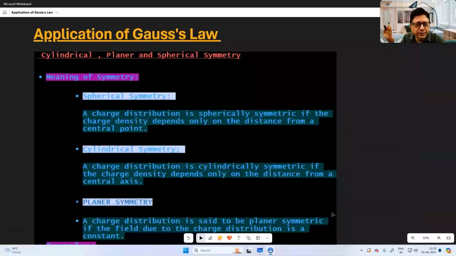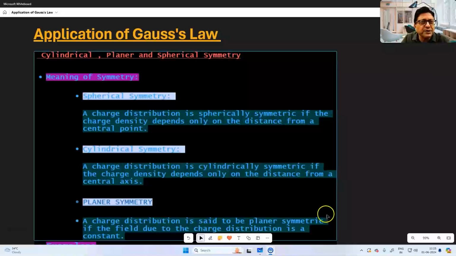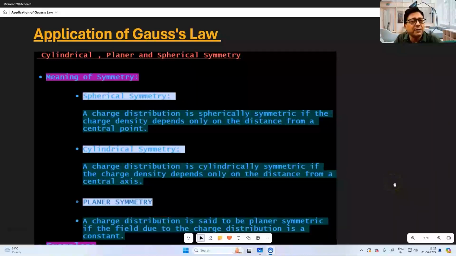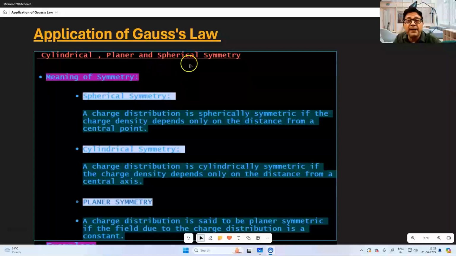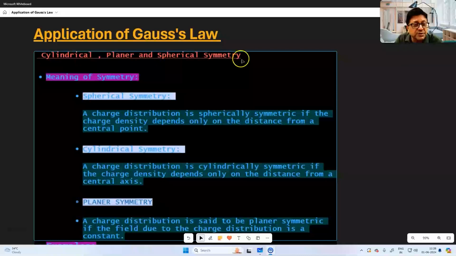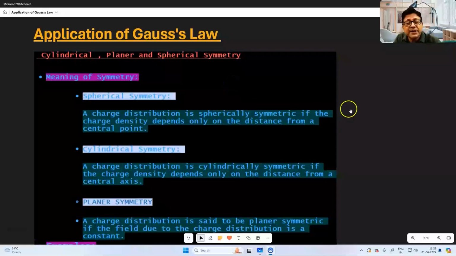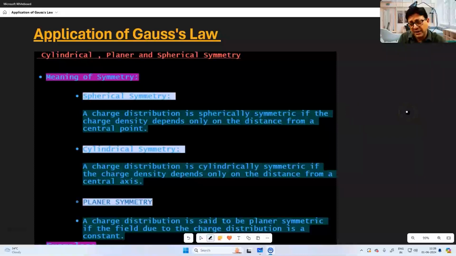I'll remind you of important information which you have learned in the first session on Gauss law. The cylindrical, planar and spherical symmetry. Spherical symmetry you already have seen, where due to a point charge the strength of electric field is proportional to 1 by r square, isn't it?